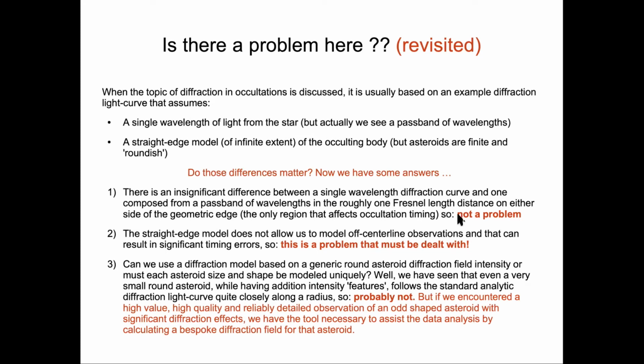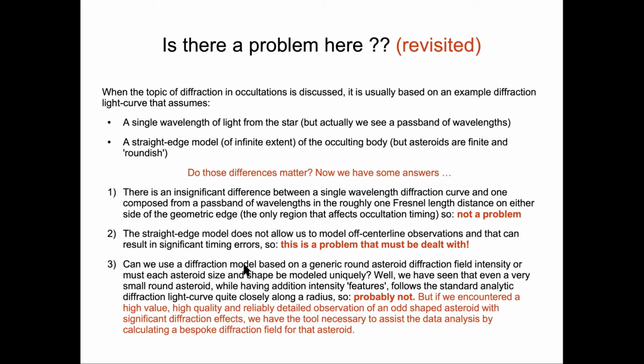So that's definitely not a problem. Now, the straight edge model does not let us model off-center line observations, and that can result in significant timing errors. So that's a problem that must be dealt with. And so the question then is, can we use a diffraction model based on a generic round asteroid diffraction field, or must each asteroid size and shape be modeled uniquely?